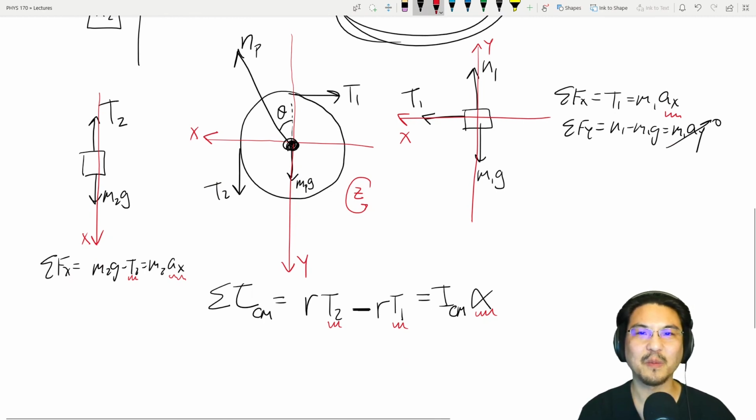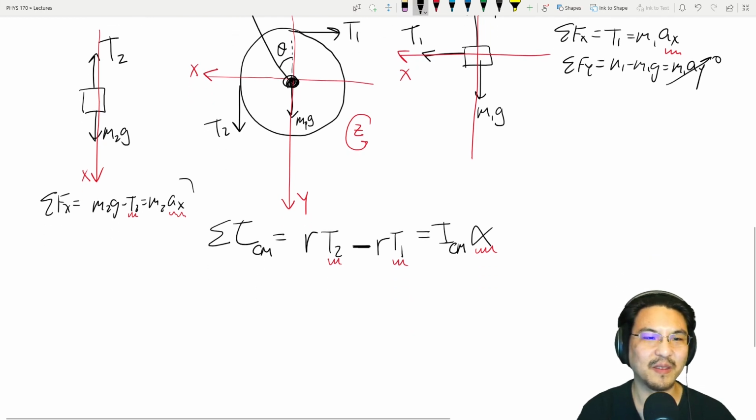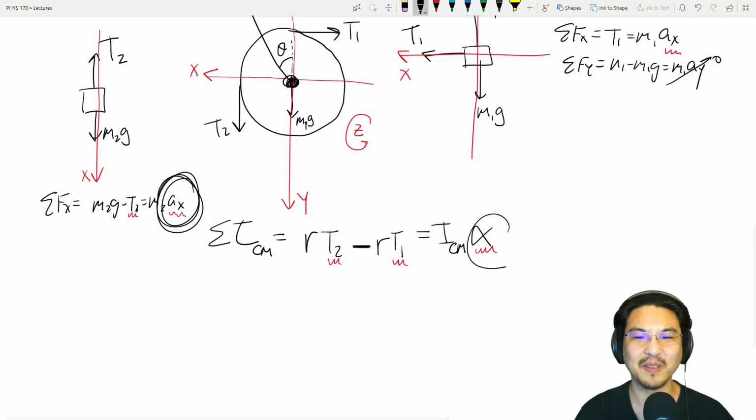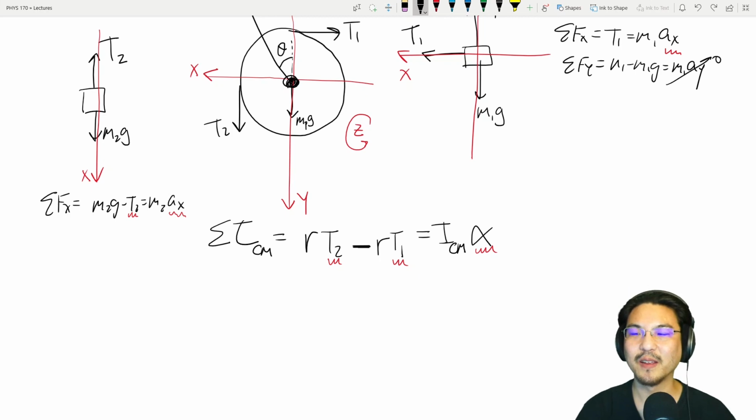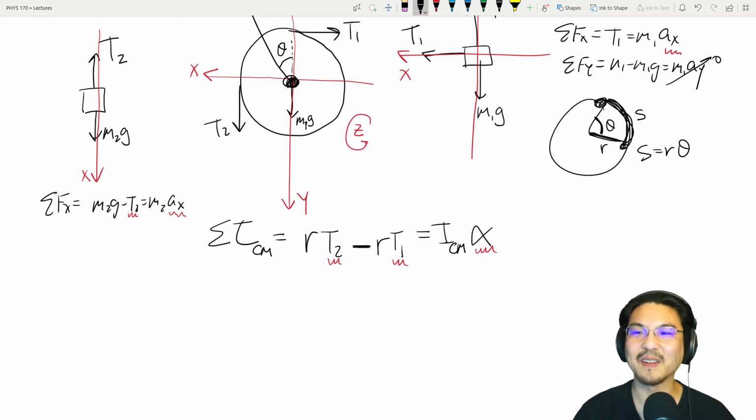And one more thing, how does this acceleration relate to this angular acceleration? If you go back, remember how linear things relate to rotational things? Like if there's some arc length S, how does that relate to angle theta? If this is some radius R, S equals R theta. Right?